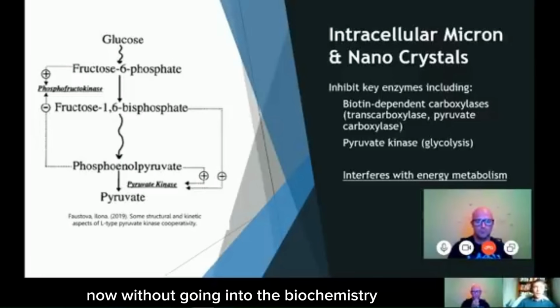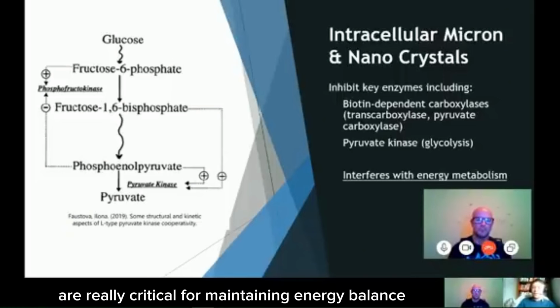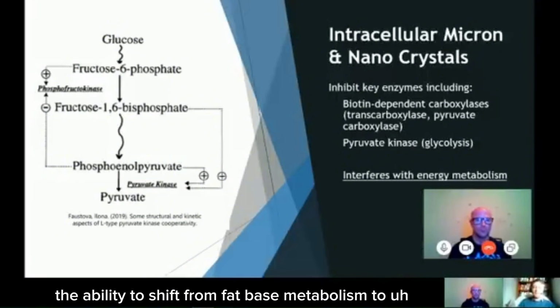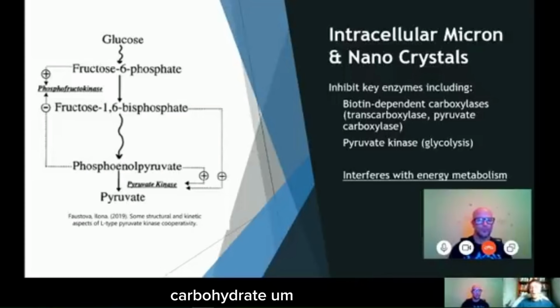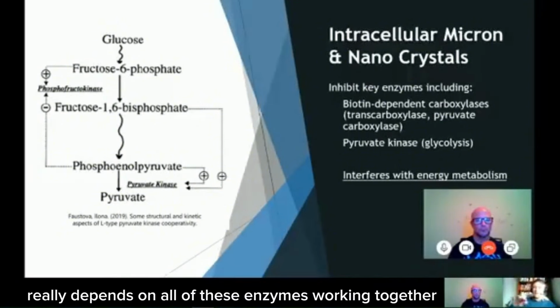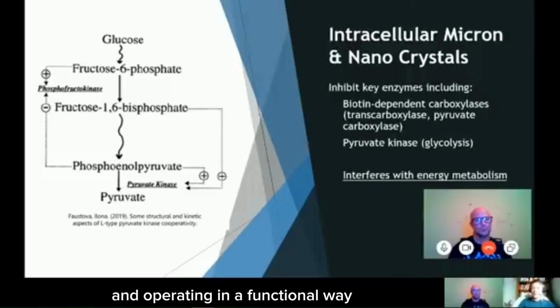Now, without going into the biochemistry, all of these enzymes are really critical for maintaining energy balance, for maintaining metabolic flexibility, the ability to shift from fat-based metabolism to carbohydrate-based metabolism. And so the ability to make energy from food really depends on all of these enzymes working together and operating in a functional way as they should do.